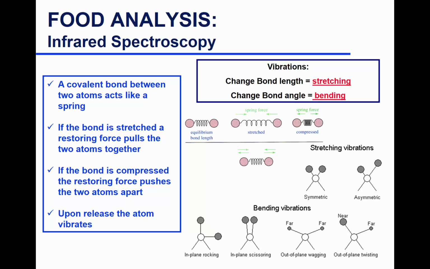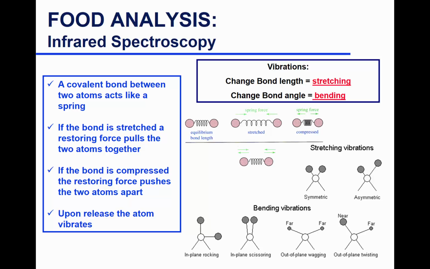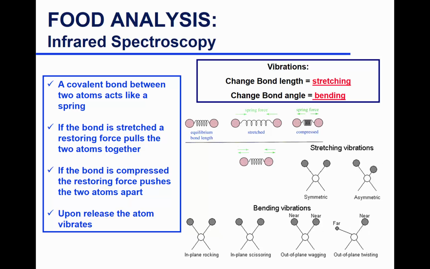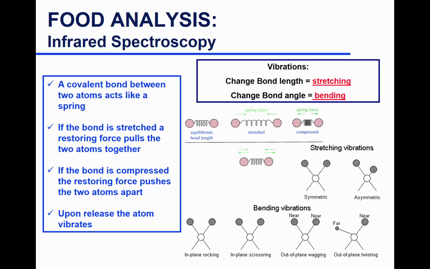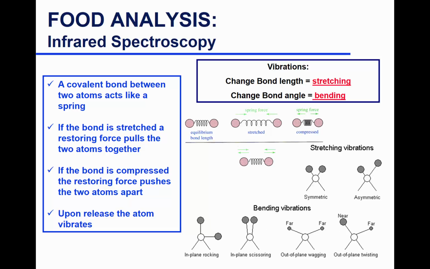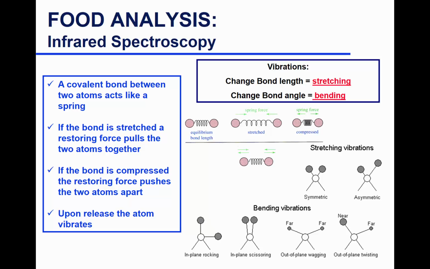Okay, so like I said, in a covalent bond you have atoms that are in constant motion due to the stretching and bending of the atoms in a bond. When they receive energy equivalent to vibrational energy, they can get stretched. But they don't remain stretched. They will compress again by spring force.